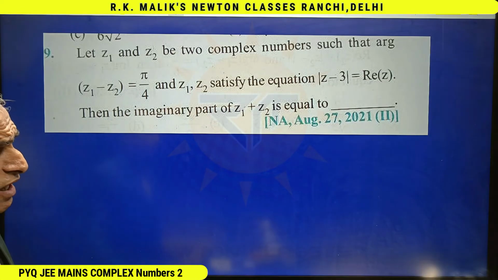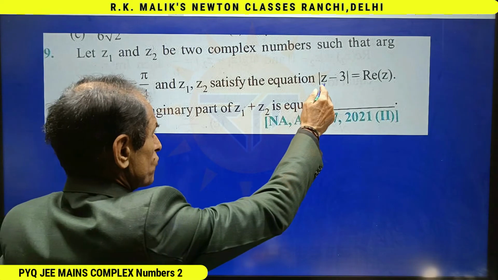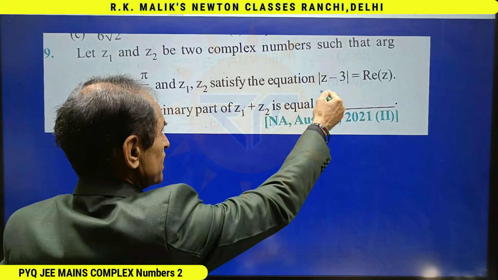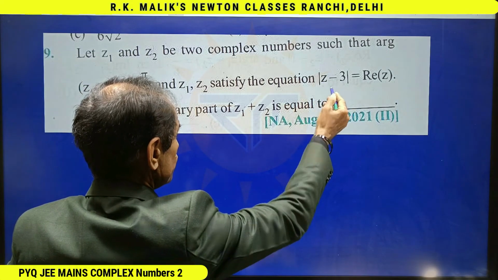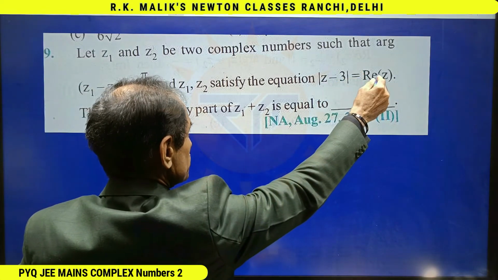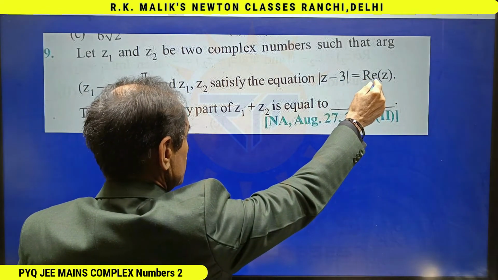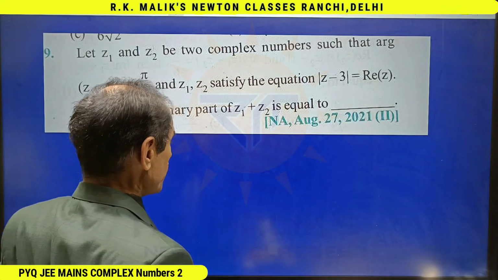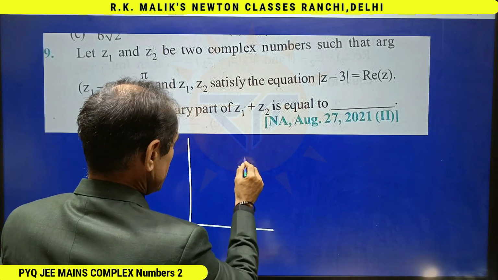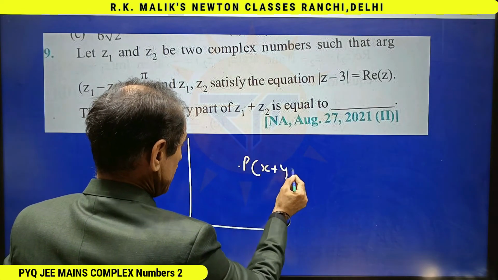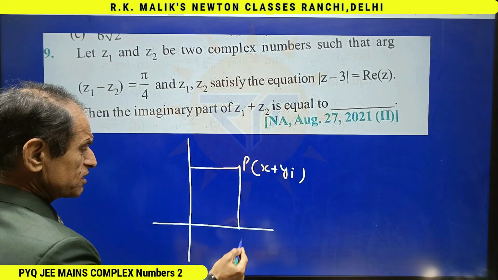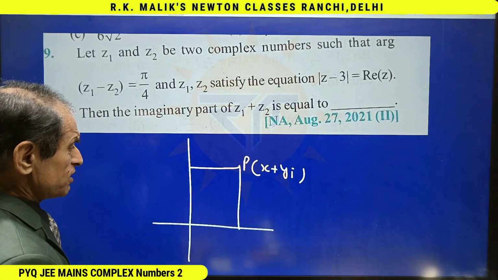The first question which arises in our mind is what this equation represents. The left hand side represents the distance of Z from the point 3, and real part of Z means the distance of the point Z from the y axis, because if this is the point P having coordinates x plus yi, this is the real part of x plus yi, this is the imaginary part of x plus yi.